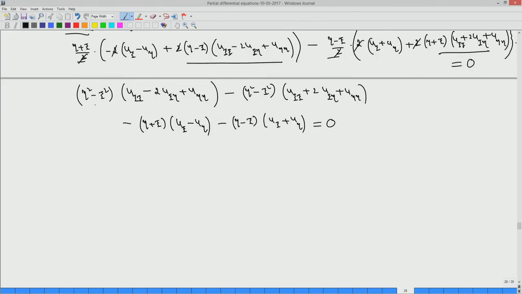So, you can see that this is common. So, these terms will be 0, this gets cancelled. So, what you are ending up finally is minus 2 here, minus 2. So, you have a total 4 eta square minus xi square u xi eta minus, right.